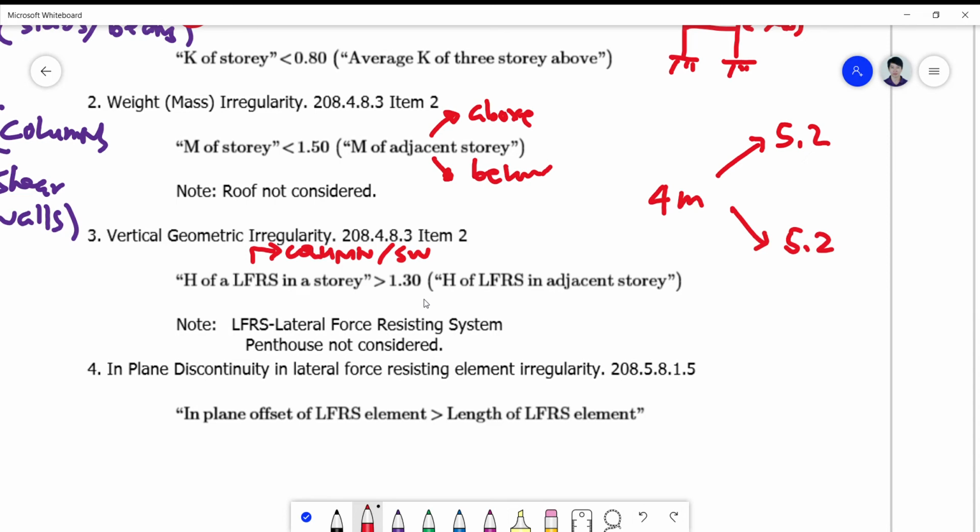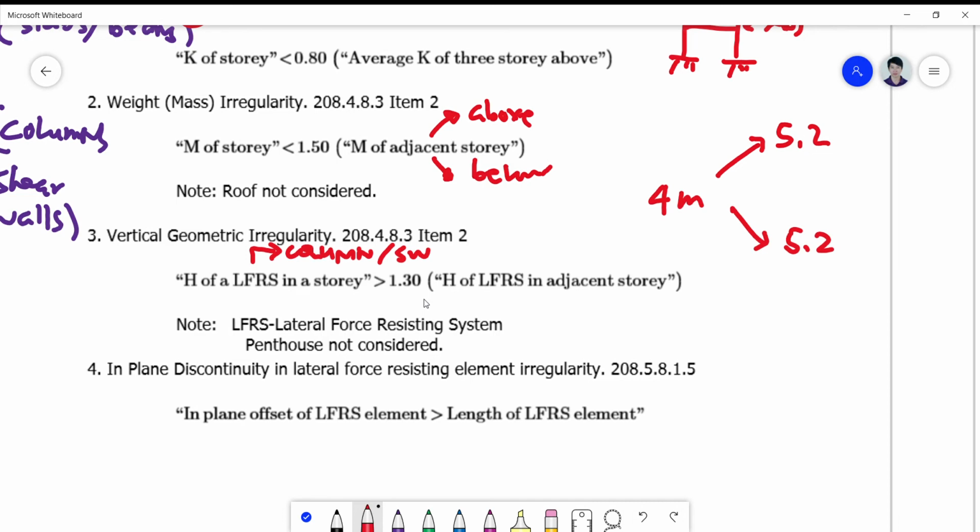So those penthouses should not be considered, because sometimes penthouses are normally made on top of the roof deck, and then the height must always be designed differently as far as the building's height or story height are concerned.